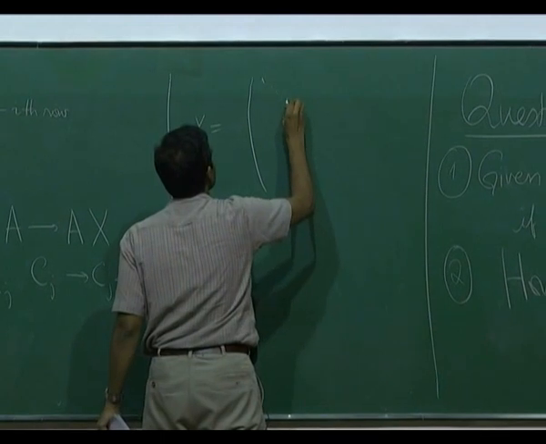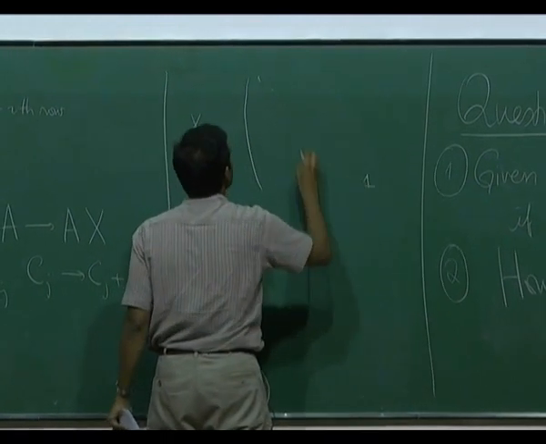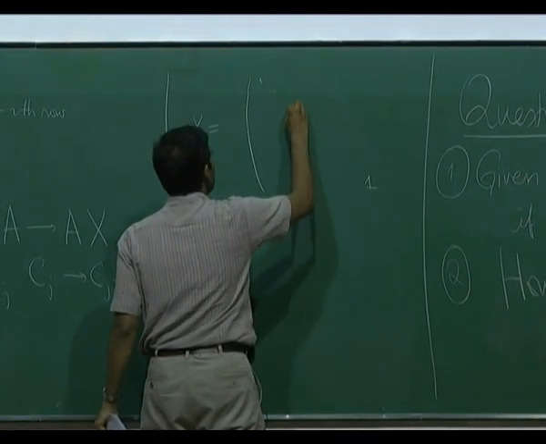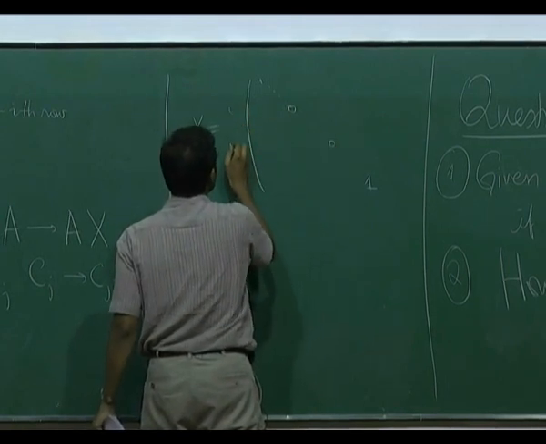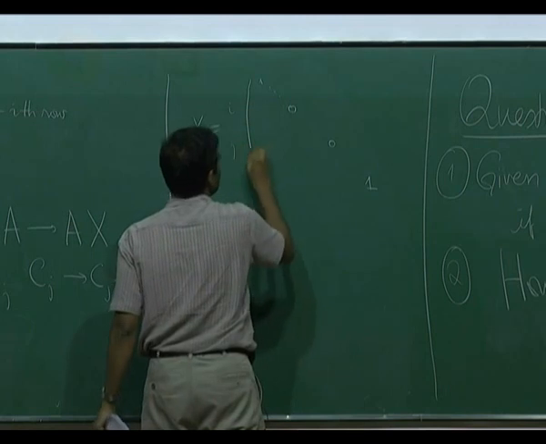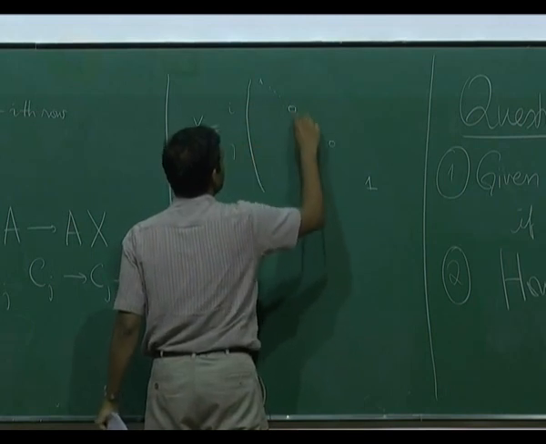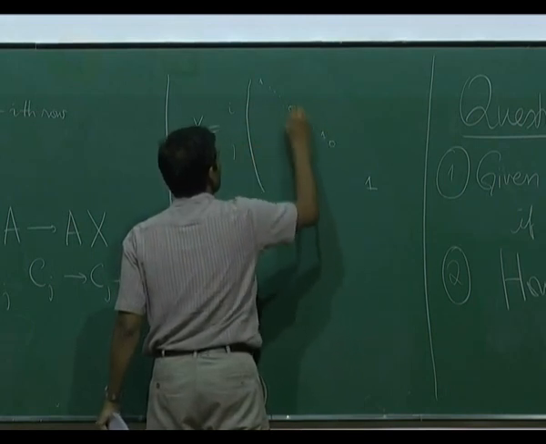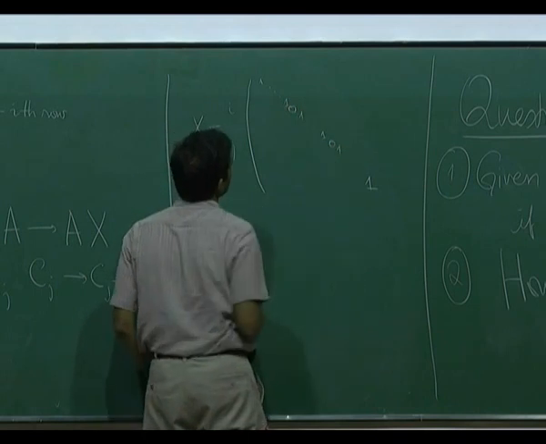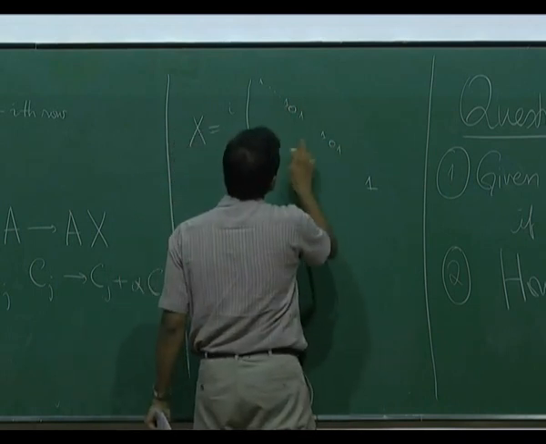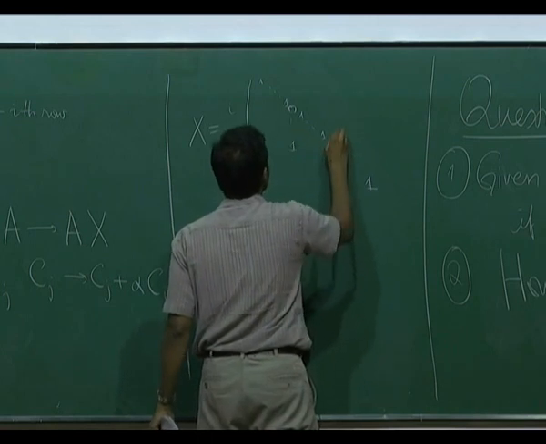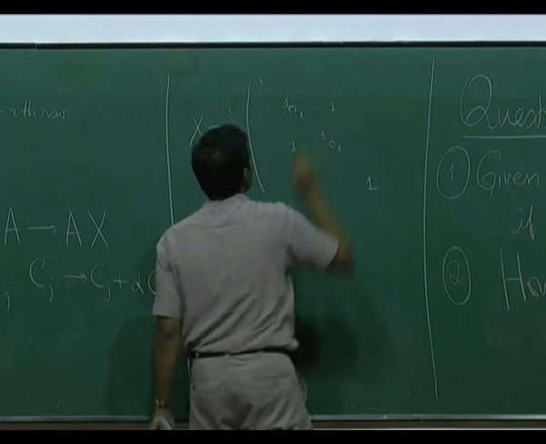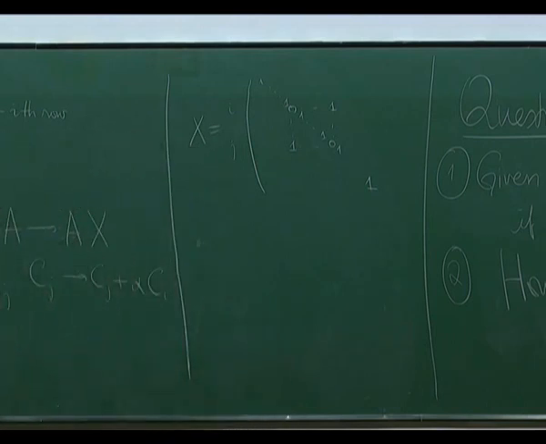And finally, there is one more operation which is used. What you do is you take the identity, one along the diagonal, but at two places, let us say this is the ith row and ith column, and this is the jth row and jth column, the ith entry and jth entry, instead of ones, you put zeros. And what do you do to these ones? You put them like that.